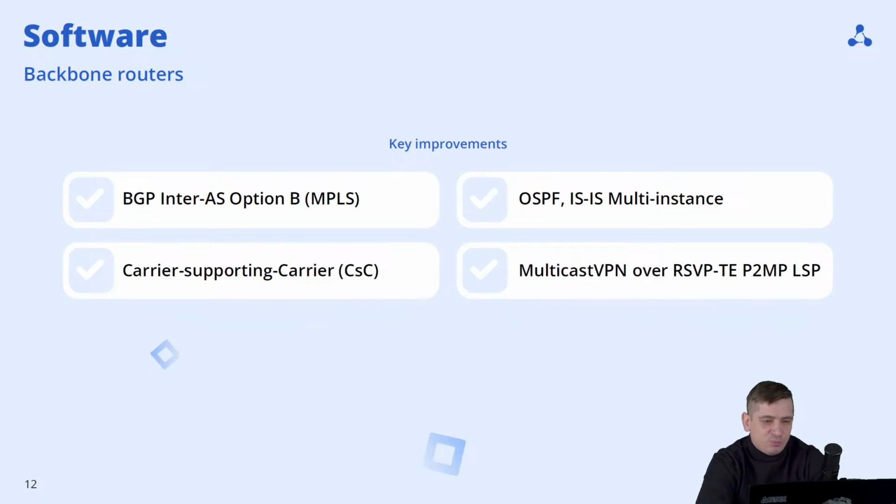Then carrier supporting carrier, CSC, then OSPF ECMP multi-instance, and furthermore multicast VPN over RSVP traffic engineering. It boosted the productivity of our routers much. So order them for testing and you will see it with your own eyes.